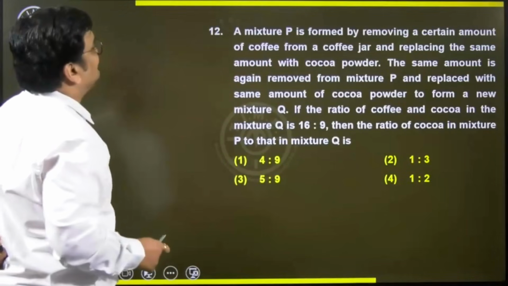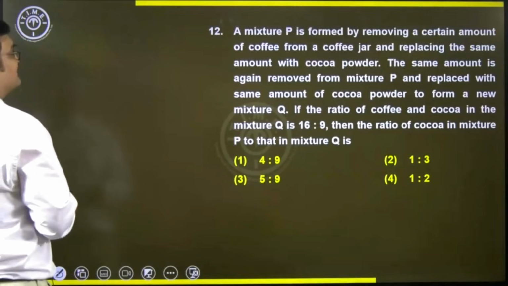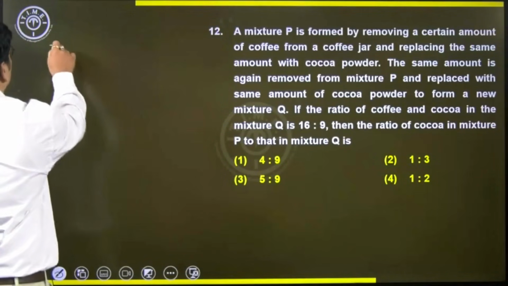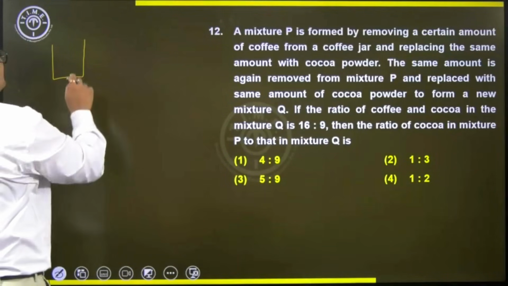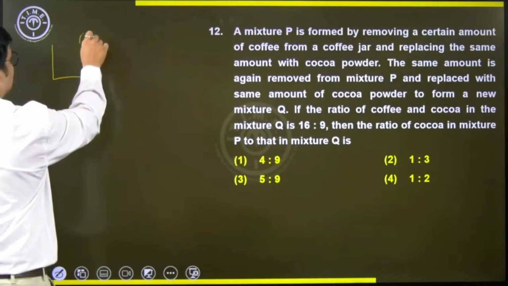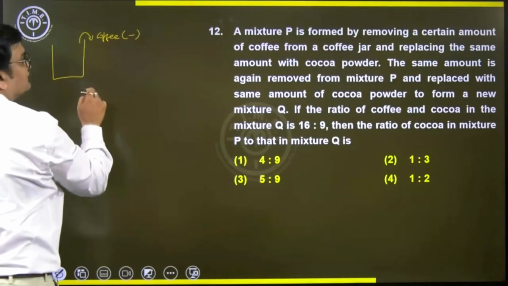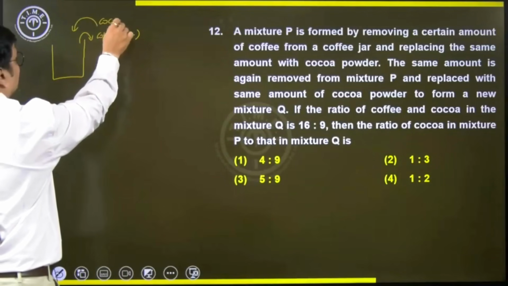12th one, it says a mixture P is formed by removing a certain amount of coffee from a coffee jar and replacing the same amount with cocoa powder. From this we are removing a certain amount of coffee, and replacing the same amount with cocoa powder.